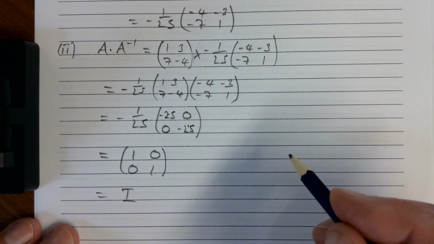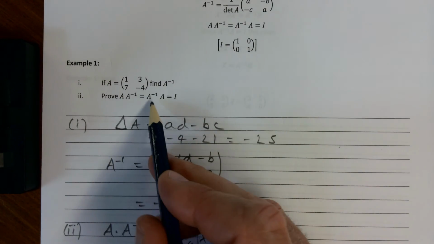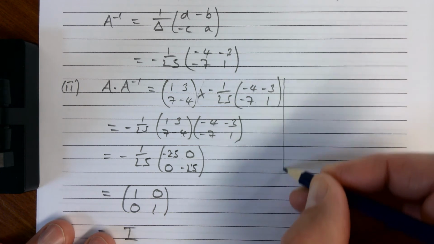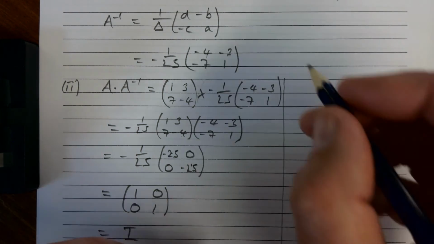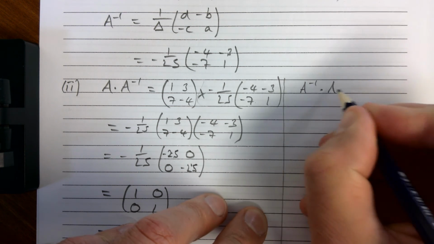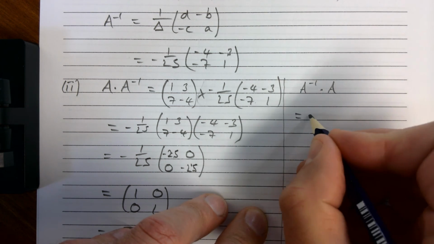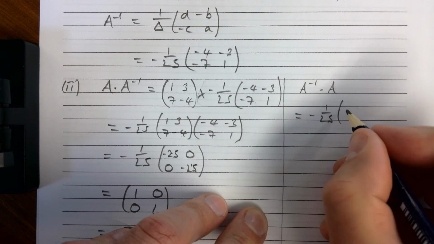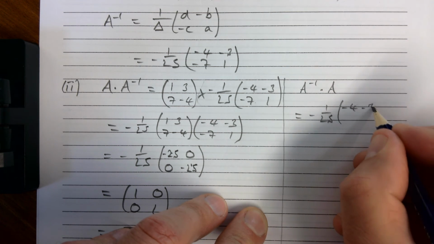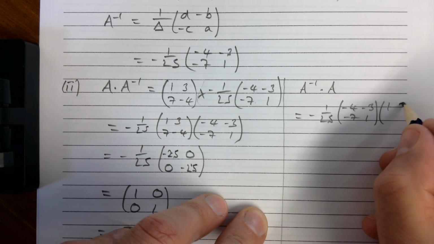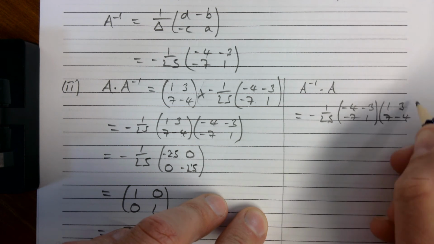We need to check it the other way around as well, because that's what the question asks. A to the minus 1 times A. So A to the minus 1 multiplied by A is minus 1 over 25 times (minus 4, minus 3, minus 7, 1) times (1, 3, 7, minus 4).